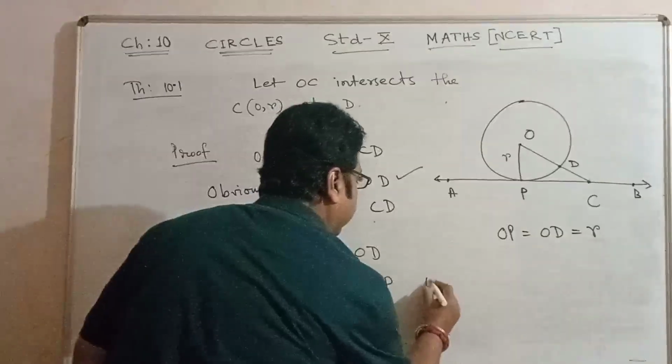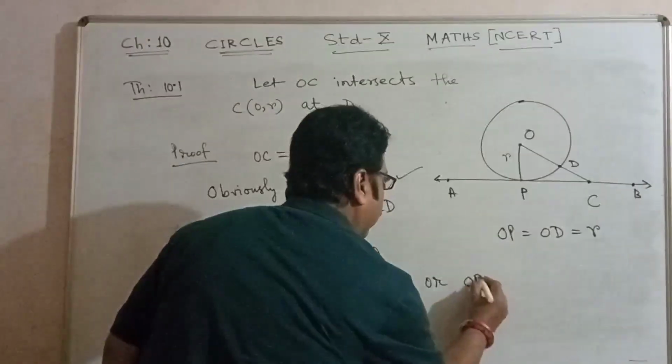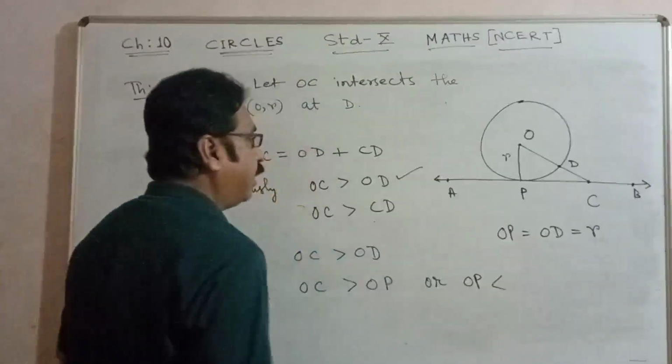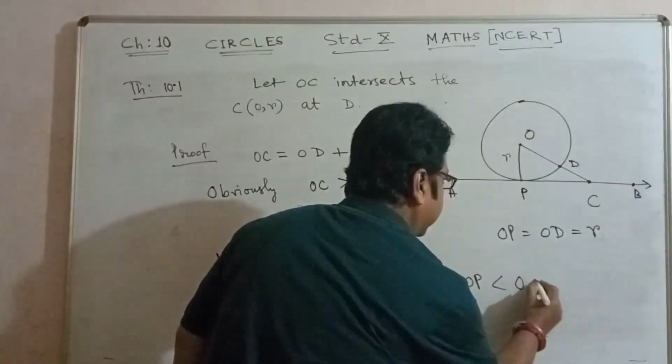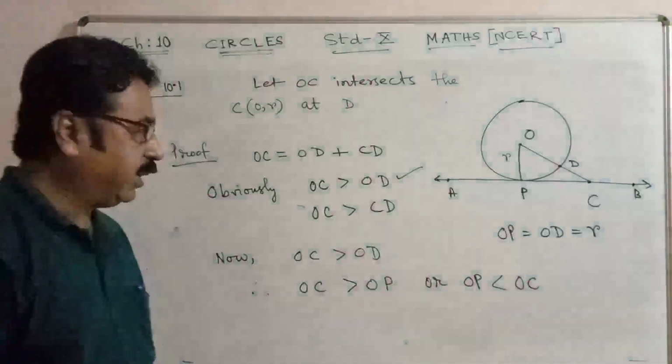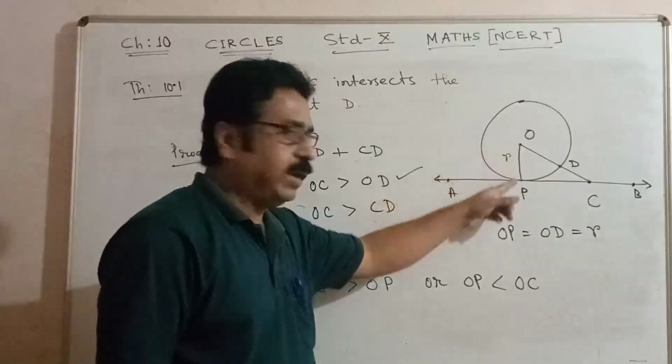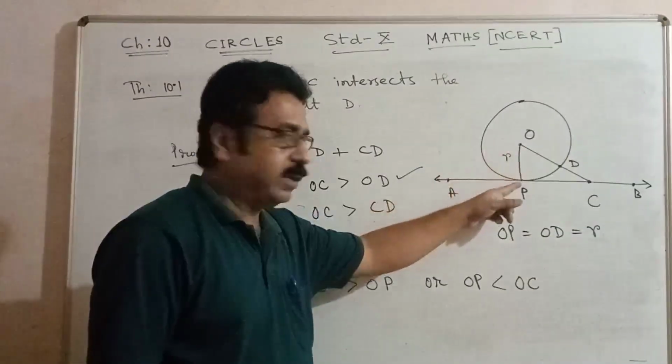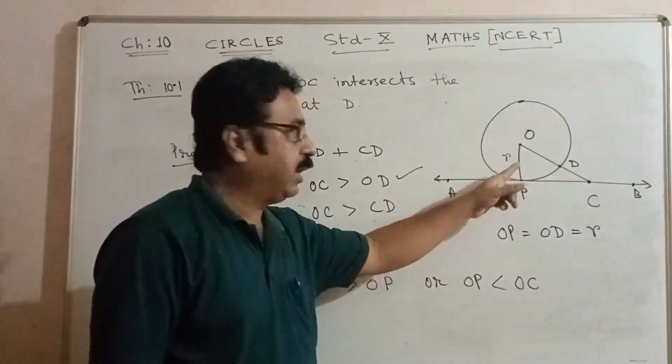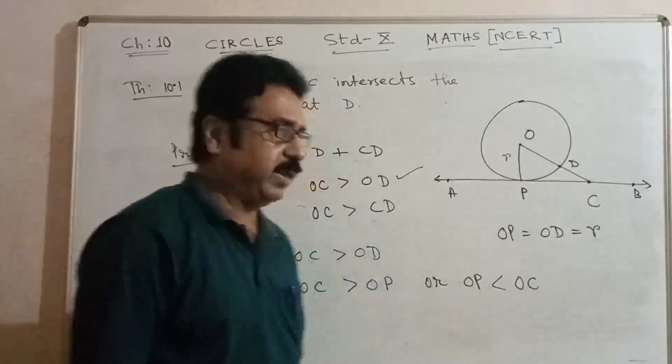So what we got? OP is the radius and the distance OP is less than the distance OC.